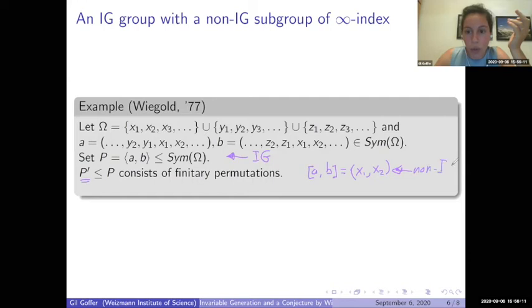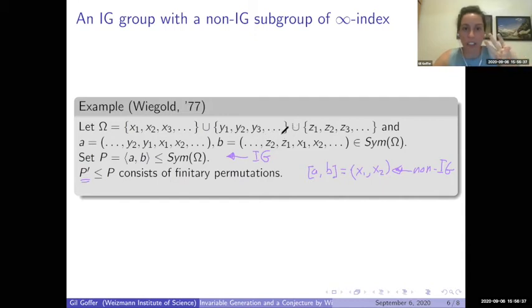This group acts on omega, and it's also not hard to check that this action is transitive. But being a finitary permutation means by definition that you are finitely supported, and if it's finitely supported, definitely it fixes a point. So P prime does not contain any element which acts without fixed points.